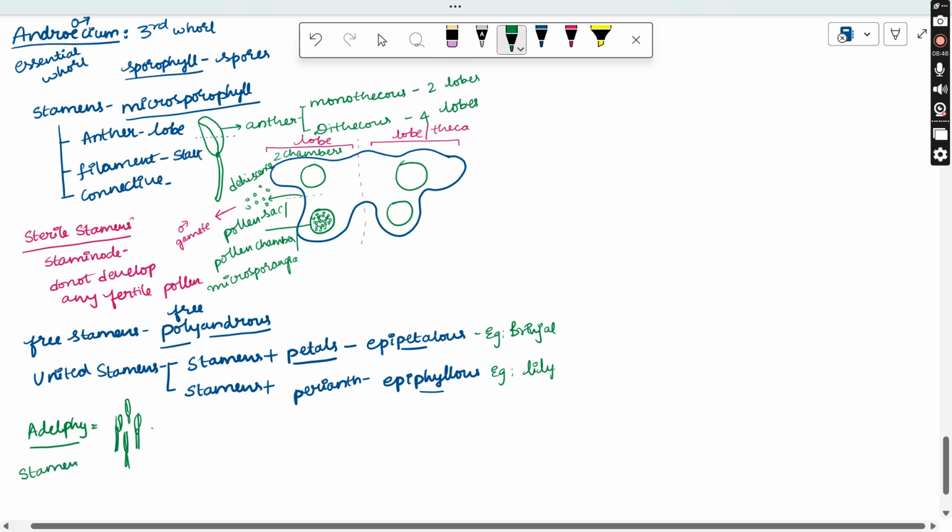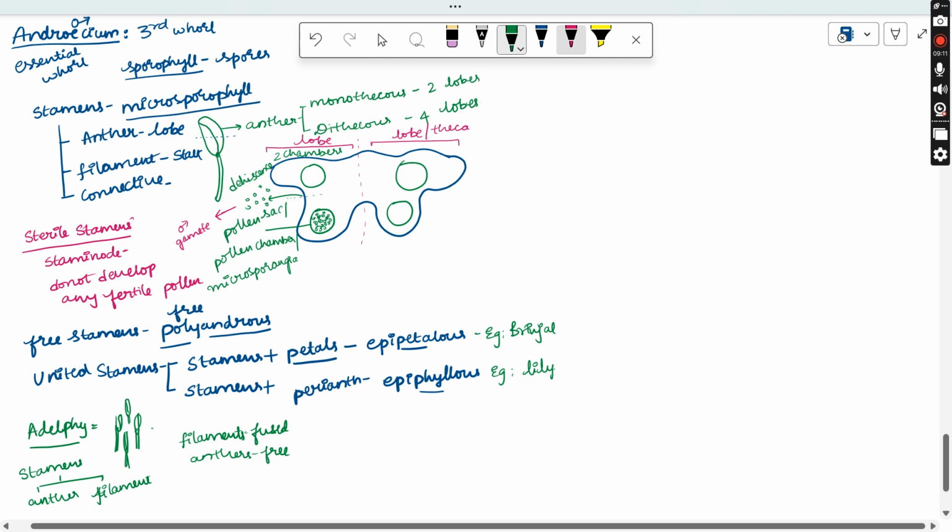So suppose the stamens are there in this way, what is the adelphous condition? A stamen contains two parts. One is the anther, the lobe type of structure, and the slender stalk-like structure we call a filament. So adelphous is a condition where the stamens are united only at the filaments. All the filaments are fused and all the anthers are left free.